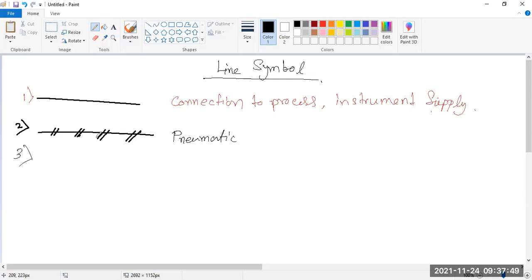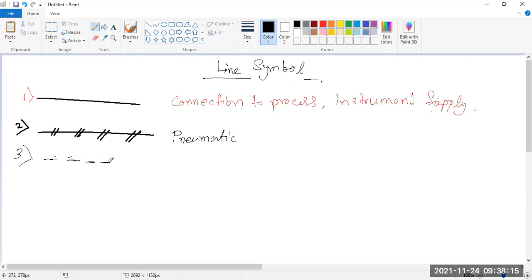Now the third portion, this type of symbol you have seen in this panel. If there is an electrical signal, then there is just a dotted line given.